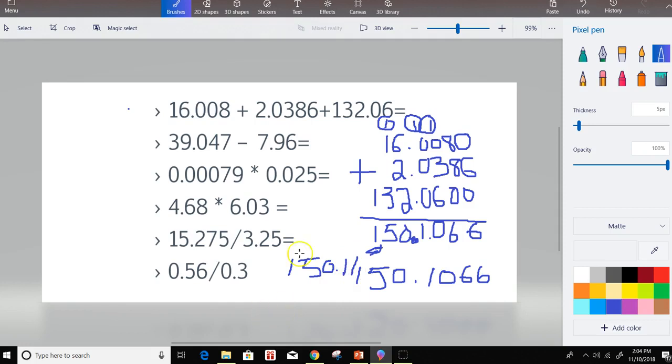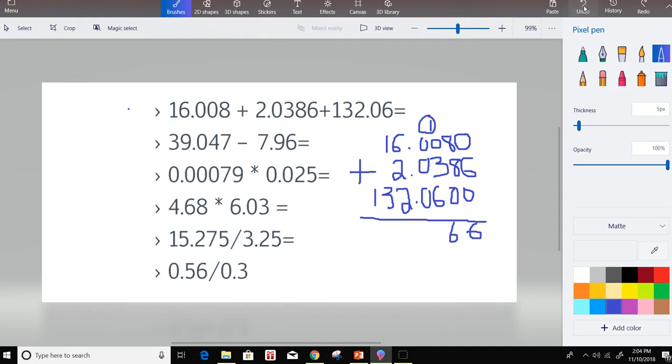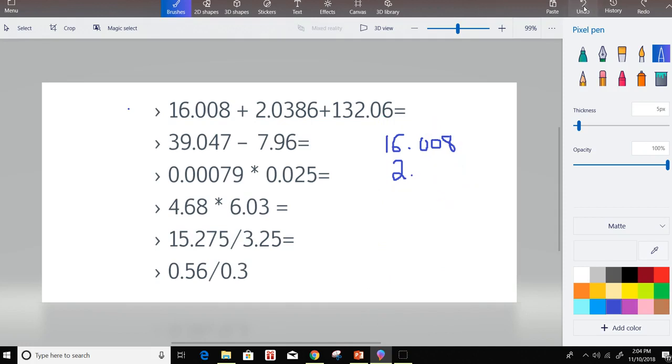All right, let's go and do the subtraction. For subtraction and addition, you're following the same thing. You want to make sure that the decimal points are aligned. We take our pen again, and this time we have 39.047.